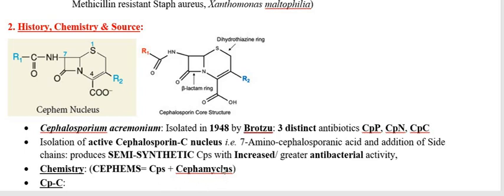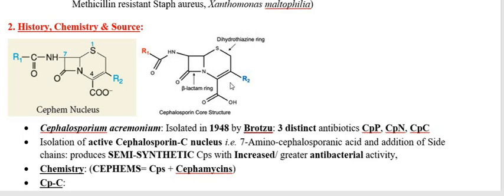Cepham nucleus has been isolated from cephalosporin C. Now we have to go through the chemistry, or structure activity relationship, of this one.